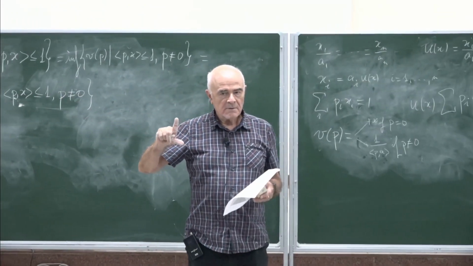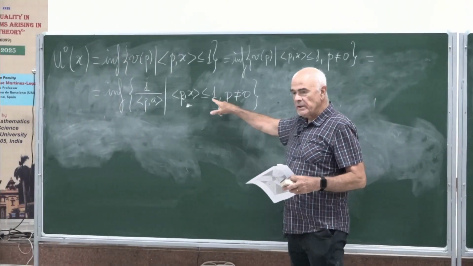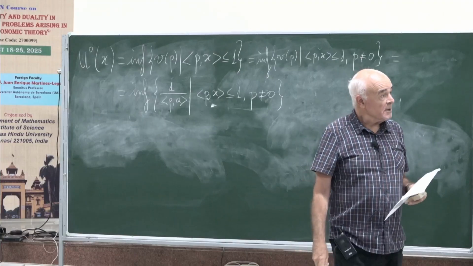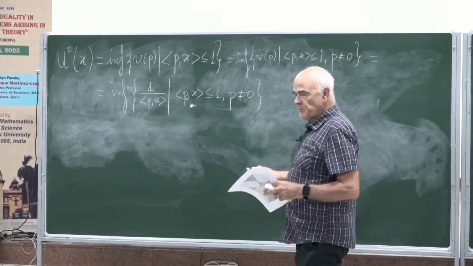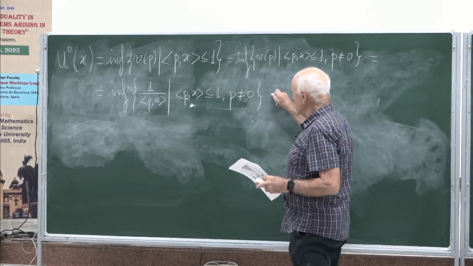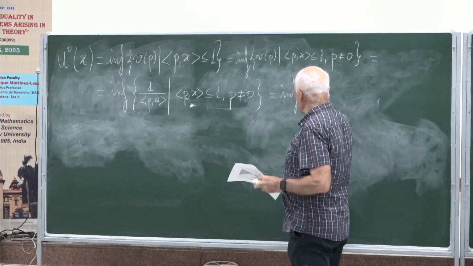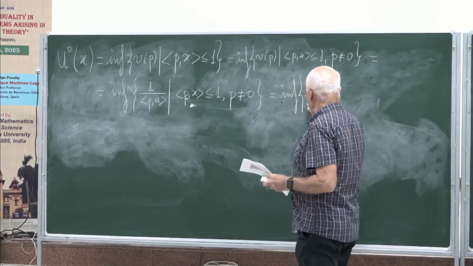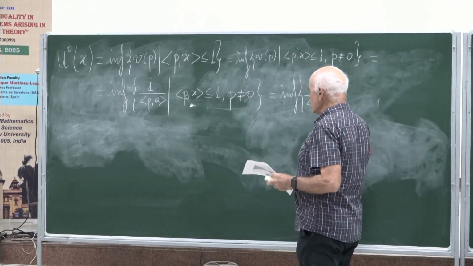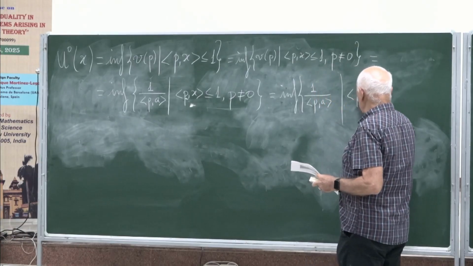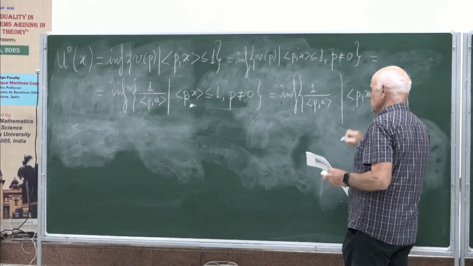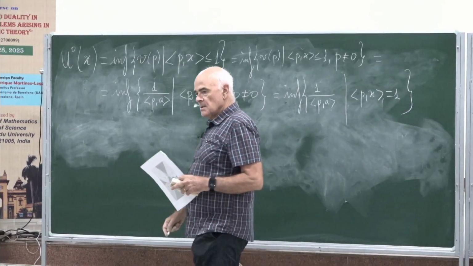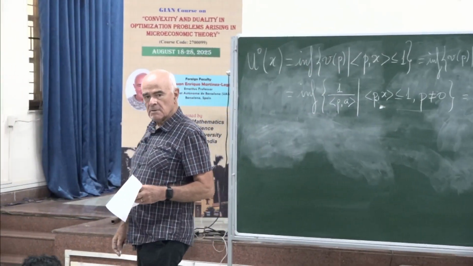Okay? So if the inequality is satisfied non-strictly, then it cannot be optimal. So I impose the extra constraint that px is equal to 1, and nothing changes.